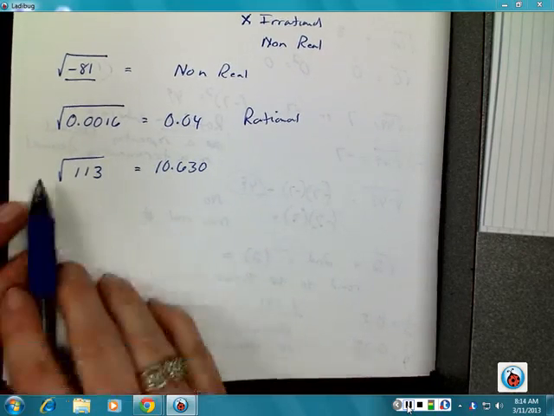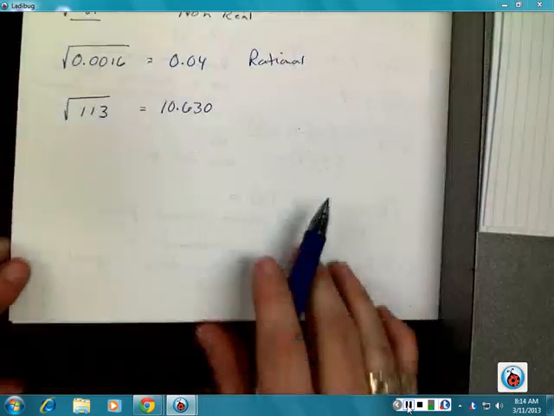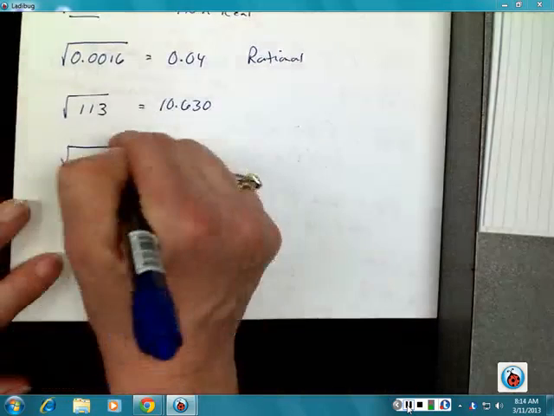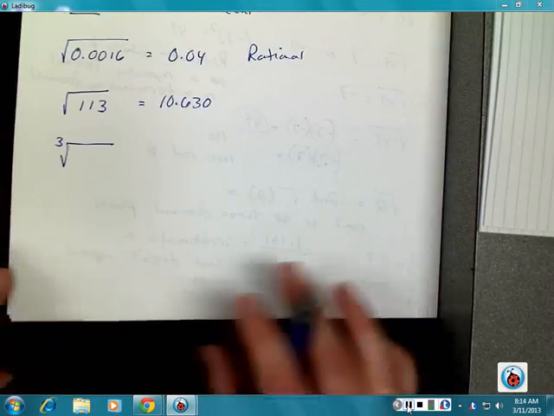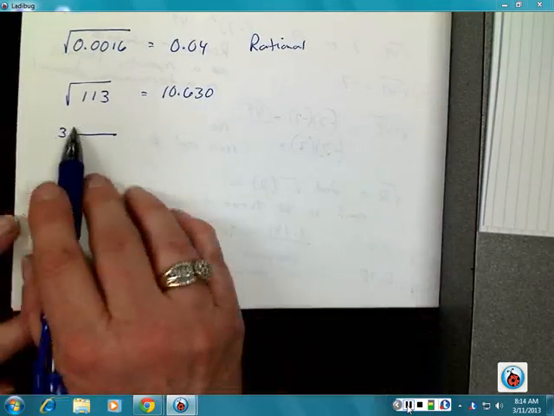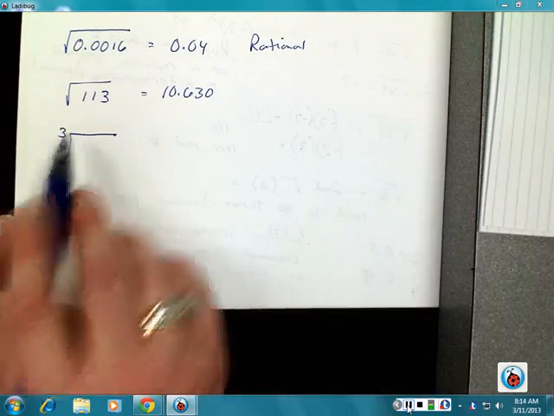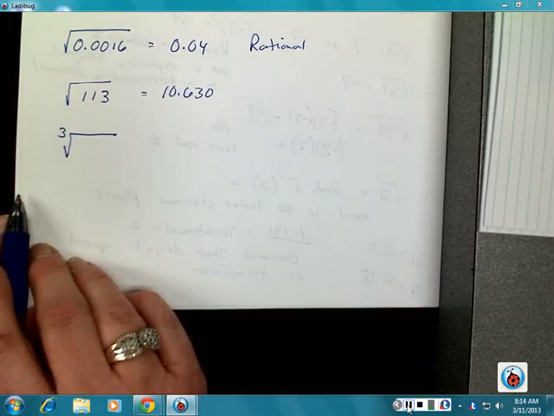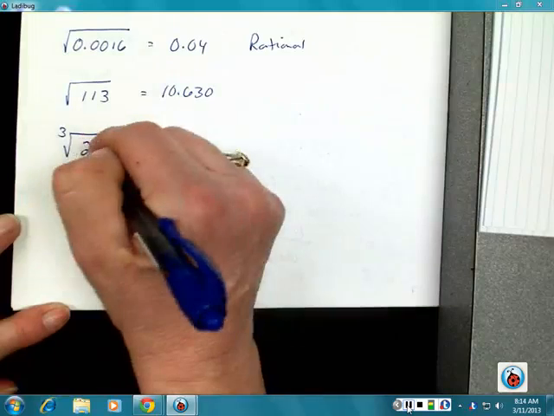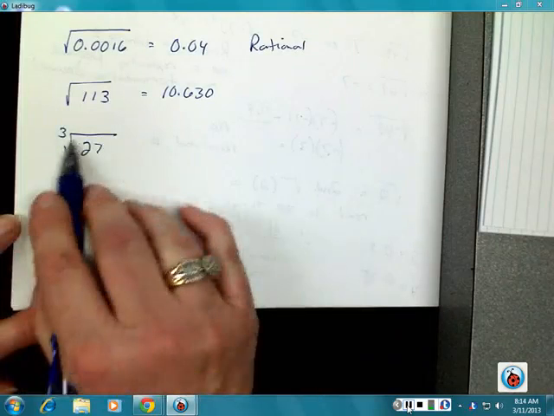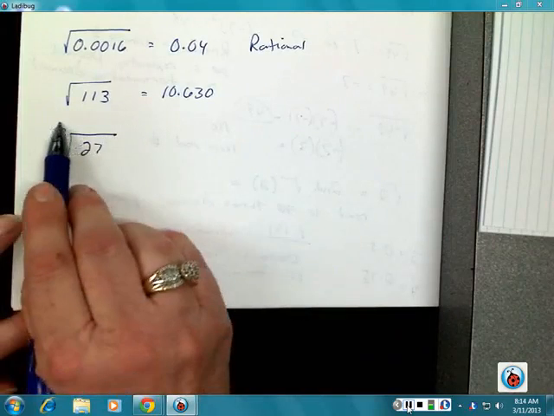But anyway, if you did have a cube root, it will have a 3 up at the top of it. And it has this 3 in here, which signifies that I want 3 identical numbers that give me my answer that's underneath. So if I put 27 here, my radicand is 27, my index is 3.